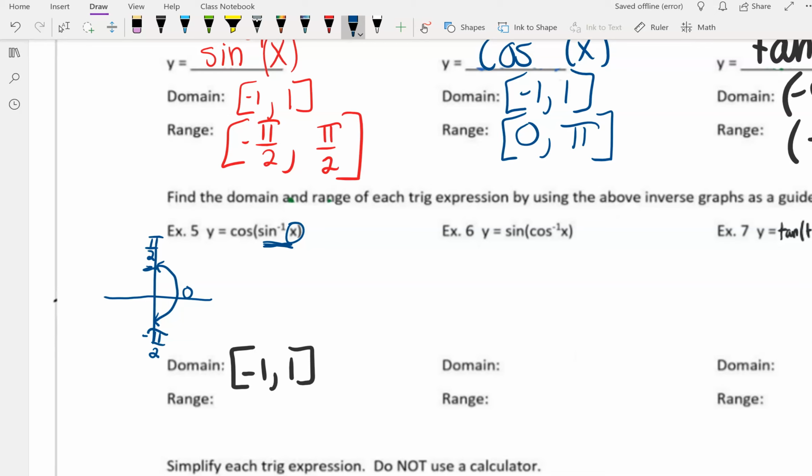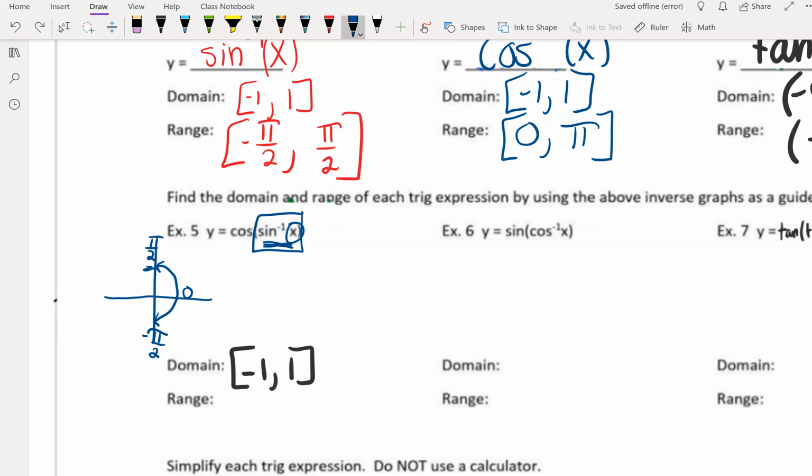And then those answers will get plugged into cosine, since inverse sine was inside cosine here. So we can plug in values anywhere from -pi over 2 to +pi over 2. So I'm going to plug in those options and see what answers I can possibly get out for y.